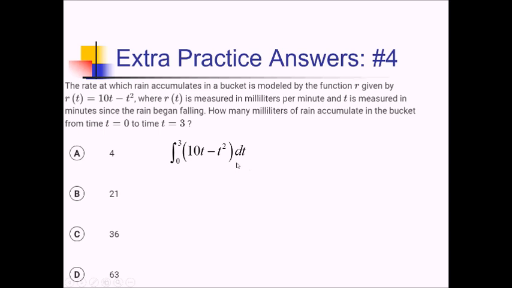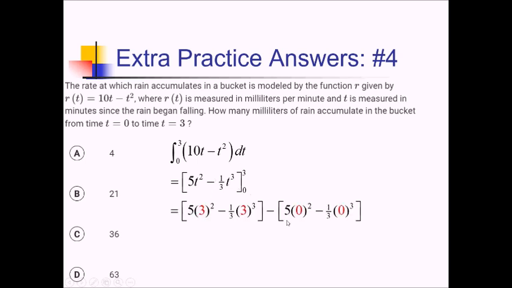Since this is a no calculator problem, I'm going to have to use the fundamental theorem and do this one by hand. Taking my antiderivative, this first exponent bumps up to a 2. Dividing by that, I have 5t squared. This next one bumps up to a 3. Dividing by that, I have minus 1/3 t cubed. And that's from 0 to 3. So I've got all of this with 3 plugged in, minus all of this with 0 plugged in.